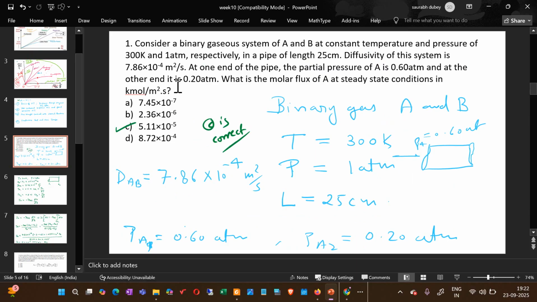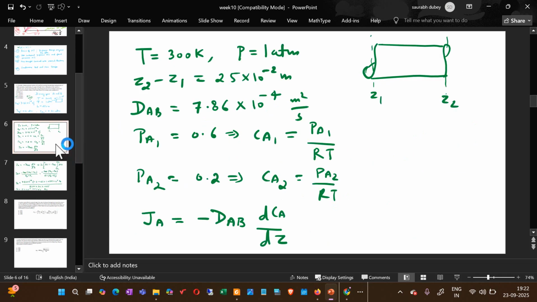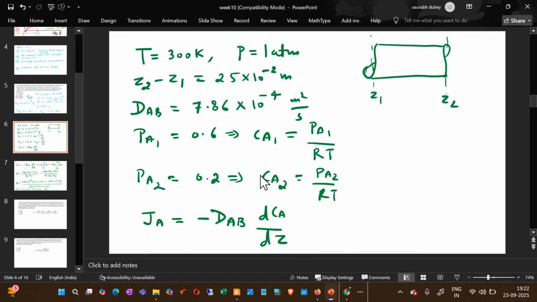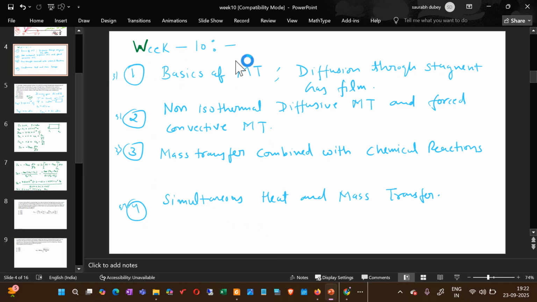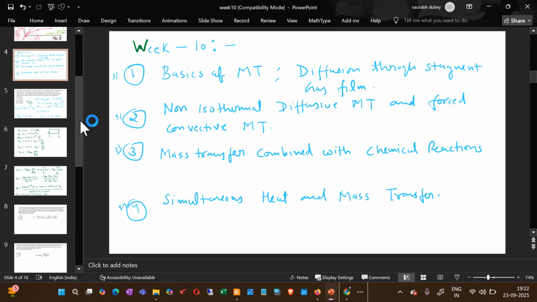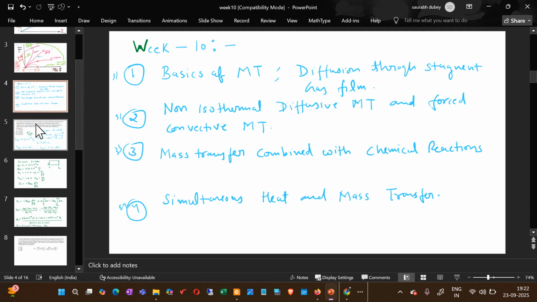Okay. So this question we have solved. Question 1 is done. Let's go for question 2. So this was a very basic formula that was part of the first lecture of the week, the basics of mass transfer and diffusion through stagnant gas stream. We will be revisiting it once in a while wherever we get time. We are going to solve around 10 questions, and meanwhile we will be revising the slides that were the content of the week.